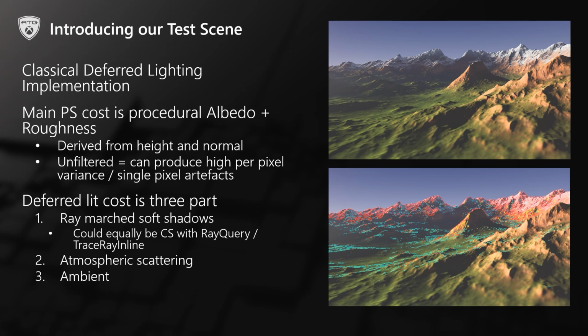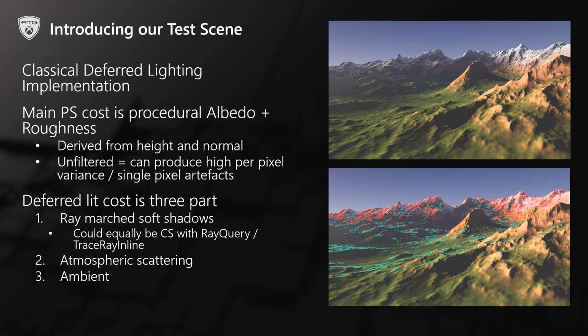So whether it's grass or mud or snow is all procedurally generated, and this is unfiltered, so this can produce very high per pixel variance. We're not reading a bitmap for that, though we do read the normal itself from a normal map. And then we do some deferred lighting, and the deferred lighting is somewhat expensive.